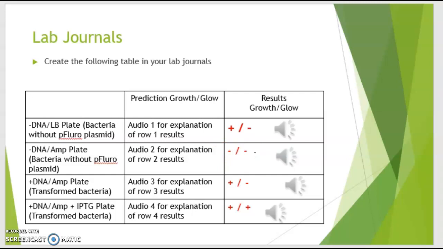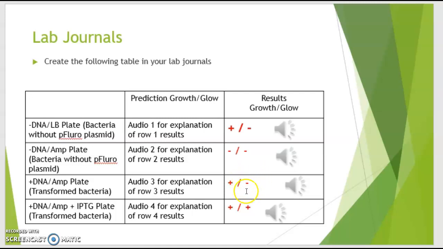It does not have the plasmid, so the ampicillin kills it, and it's not able to have the GFP protein to glow. Now in these two, we do have the bacteria that have the plasmid. So would you expect the bacteria that has a plasmid to grow on a plate with bacteria food and ampicillin? Yes. The plasmid allows for ampicillin resistance, therefore it can grow on the plate with ampicillin. Would you expect it to glow?